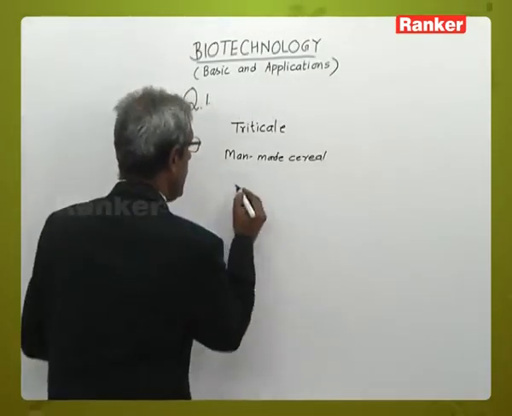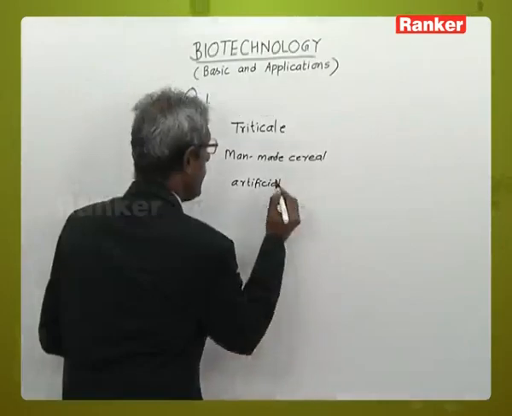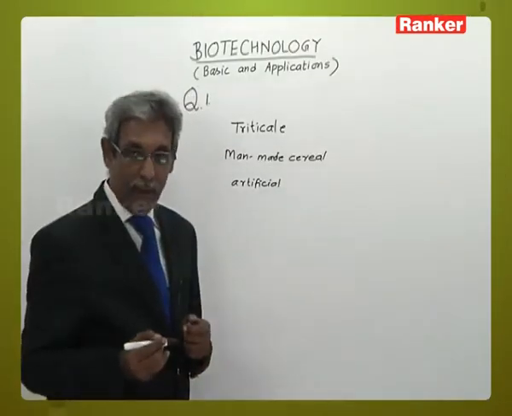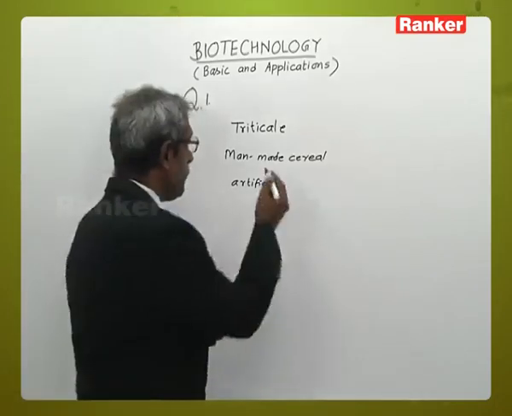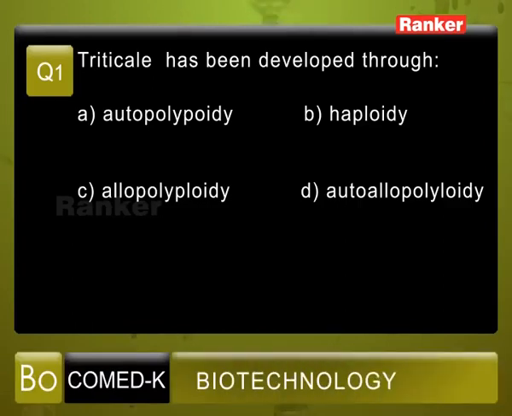So, triticale is an artificially constituted plant, and triticale is derived through, the options are: A, autopolyploidy, that is a single plant with increased chromosome number; B, haploidy, n number of chromosomes; C, allopolyploidy, where for triticale you cross two different plants whose genetic constitutions are very different; and the fourth choice is auto-allopolyploidy, that is both selfing as well as crossing with distant plants.